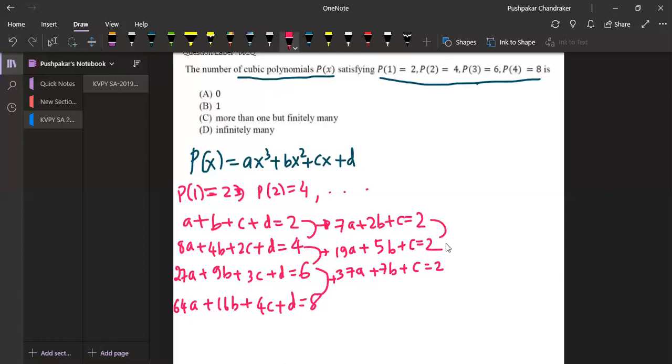Again subtract these two and these two. So you get here 12A plus 3B equals 0. Sorry, not 16, 12A. And here you get 18A plus 2B equals 0.